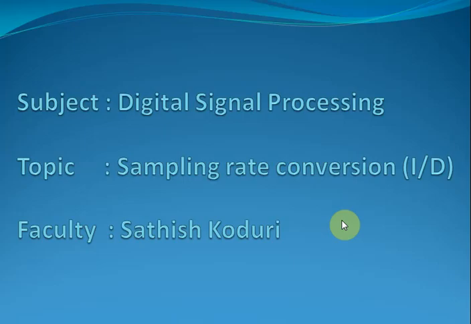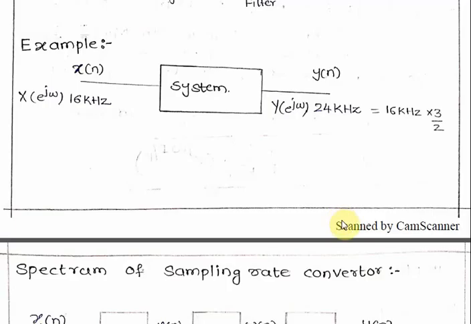Today our topic is sampling rate conversion using interpolation and decimation. In previous classes we studied interpolation and decimation. Interpolation means increasing the samples of a discrete time signal. Here consider a system which has input x of n.